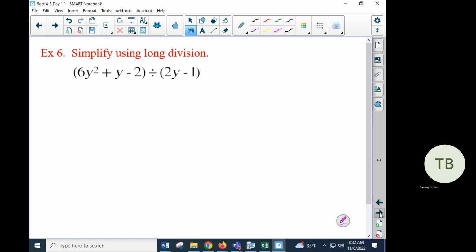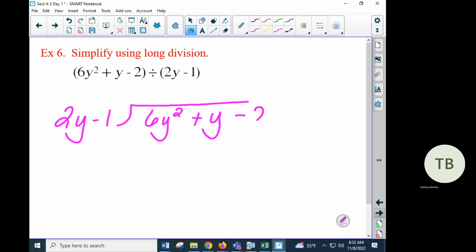So this one is a little shorter. We have 2y minus 1 divided into 6y squared plus y minus 2. Okay. Again, because we have two terms, that first term that we put up here is going to go over your second one.